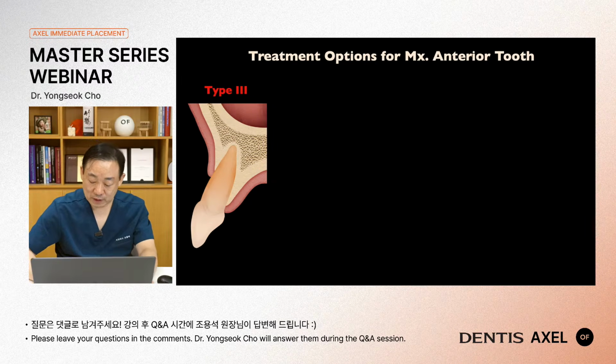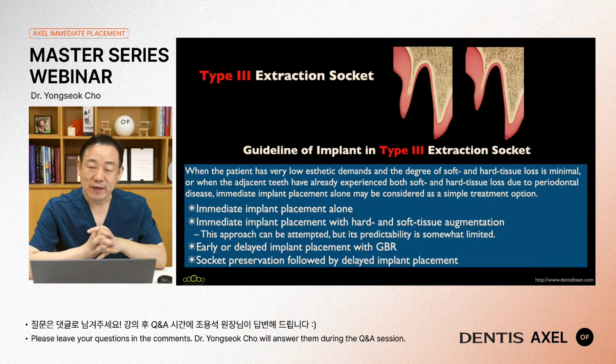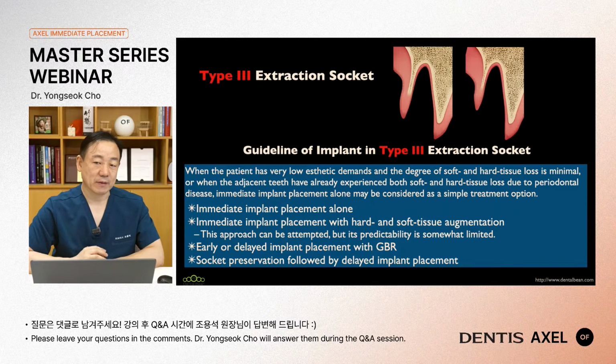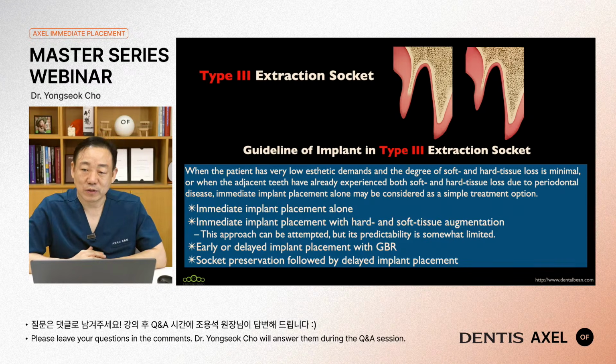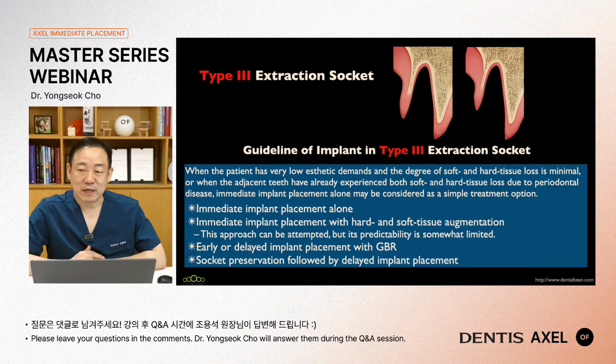So type 3. In type 3 extraction socket, when the patient has very low aesthetic demand and the degree of soft tissue and hard tissue loss is minimal, or when the adjacent teeth have already experienced both soft and hard tissue loss due to periodontal disease, I do immediate implant placement alone.